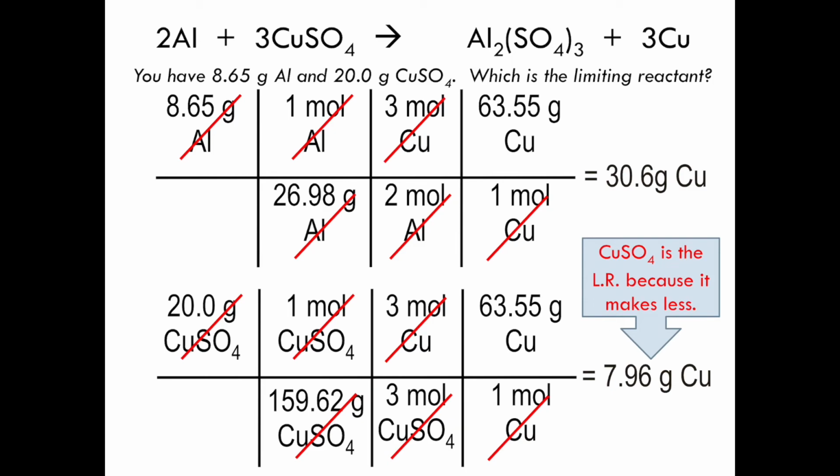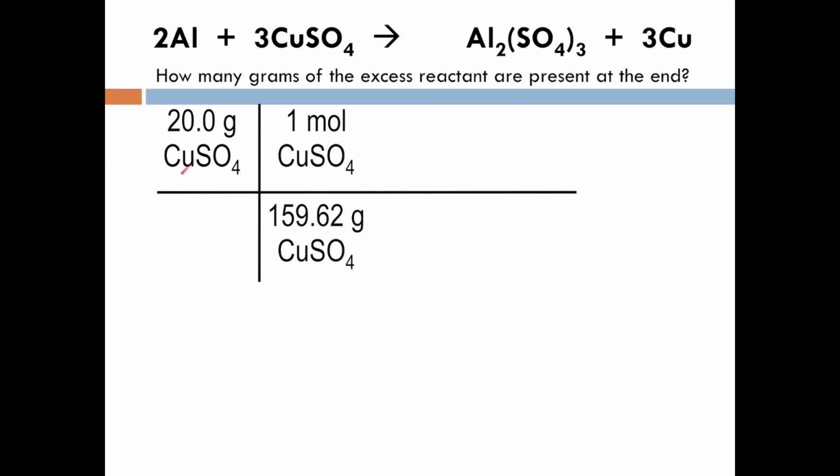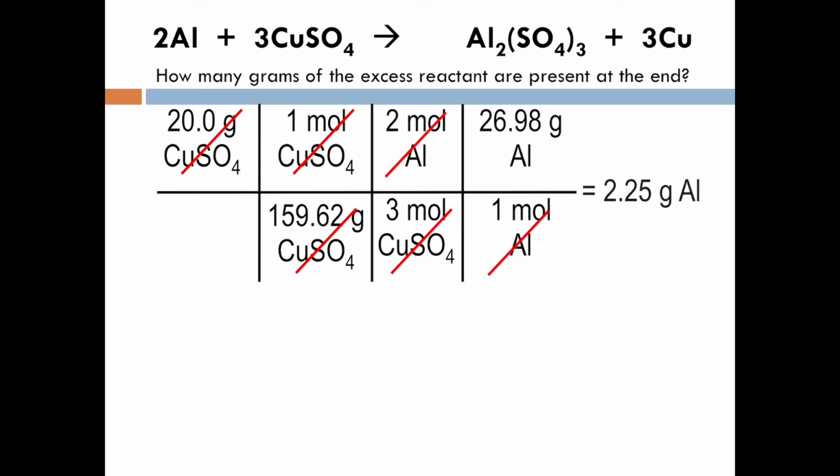Now, the next part of the question was, how much of the excess is left over? So we start with the 20 grams of CuSO4, and we need to find out how many moles or how many grams of aluminum I need to react with that. I need 2.25 grams of aluminum.